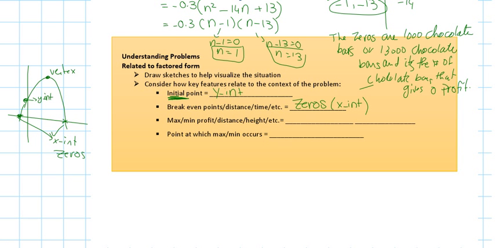Maximum, minimum profit, or minimum distance, or minimum height, or maximum height. What does that look for? What are you looking for here? What part of the vertex? The y value, the optimal value. So you're looking at the y value of the vertex.